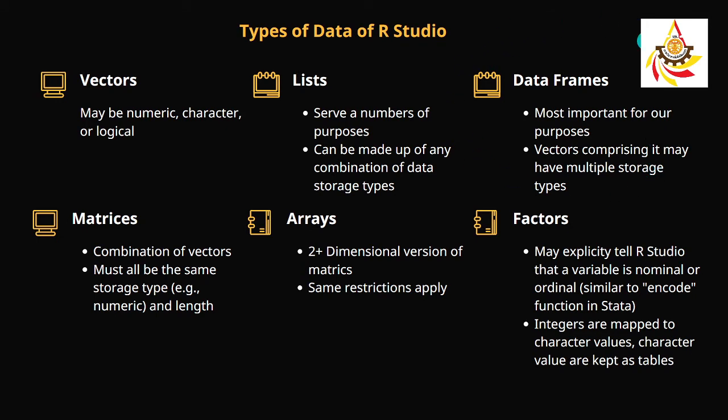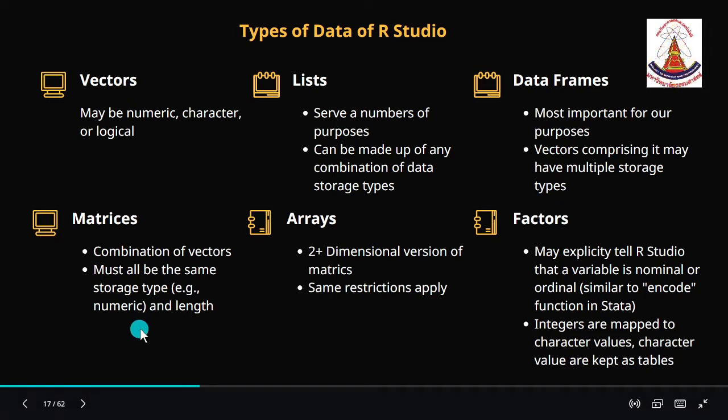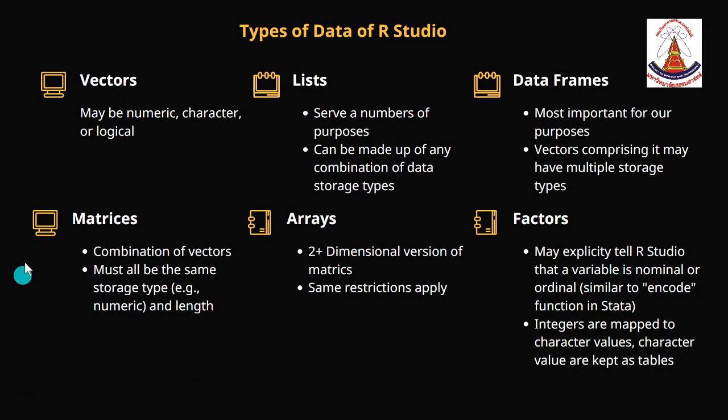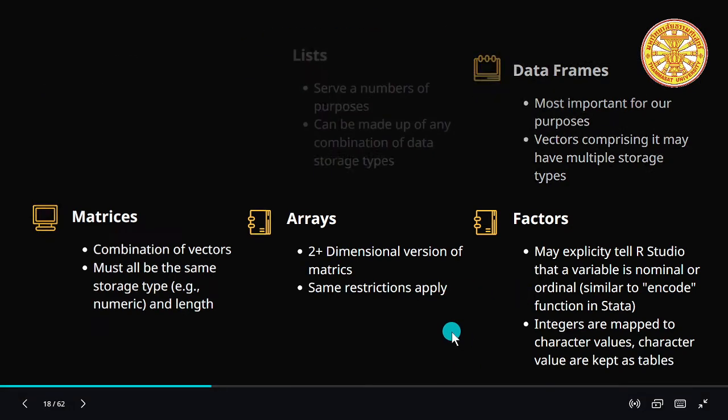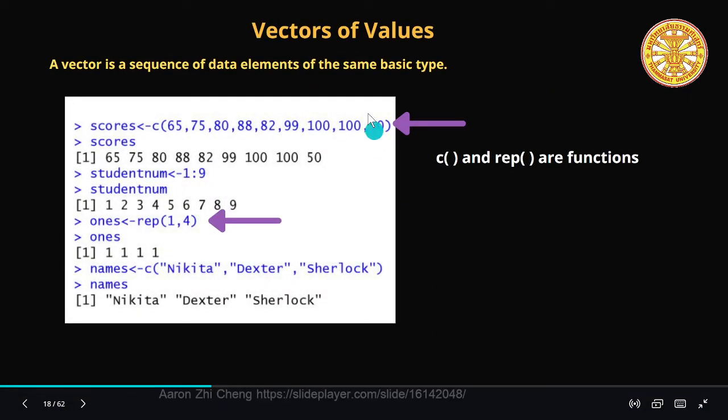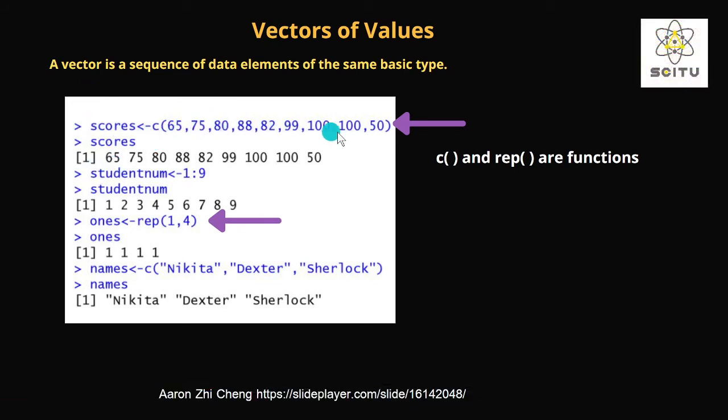Maybe you will see us use a data frame in the script program. They also have other types of data like matrix, array, and vector. A vector means a set or group of values, like numbers or maybe characters, and also logical, yes or no, in true form.